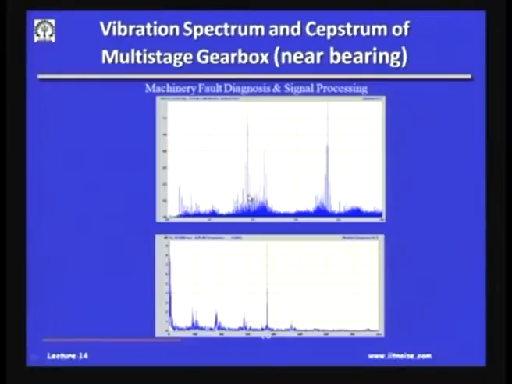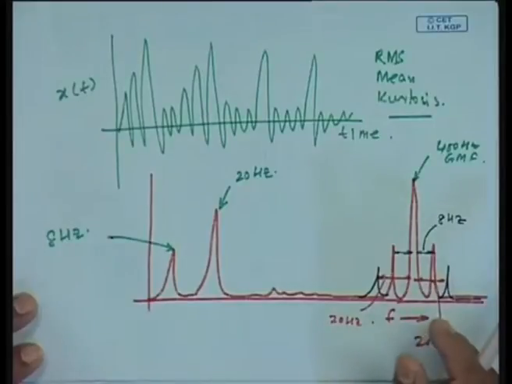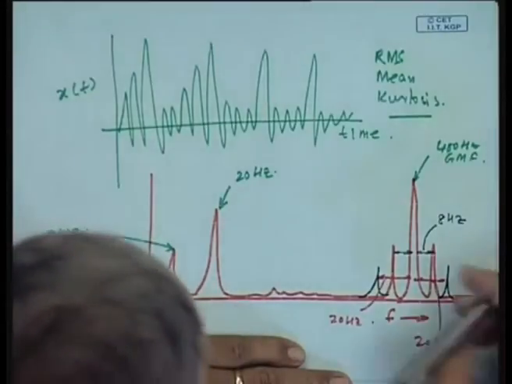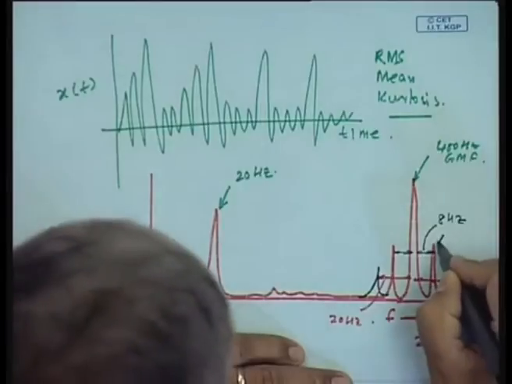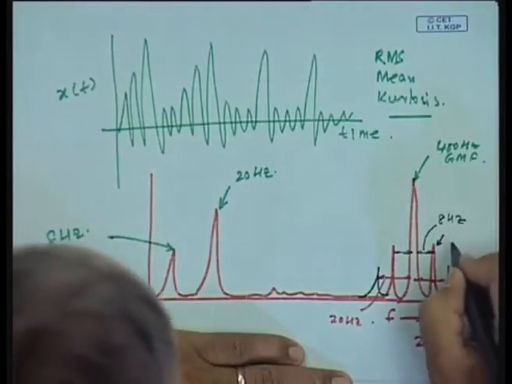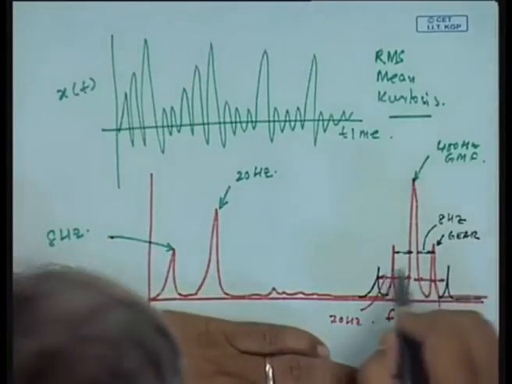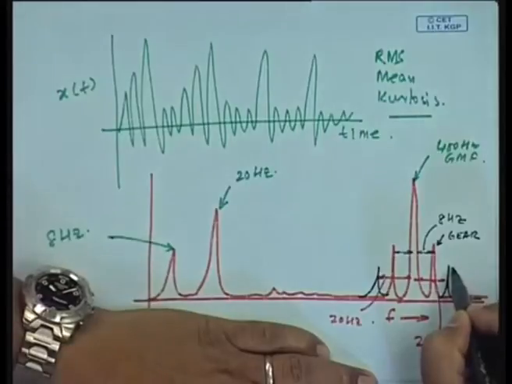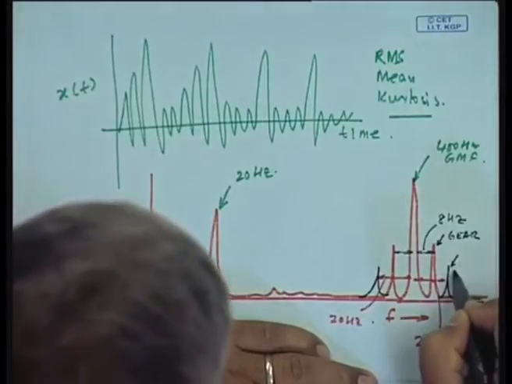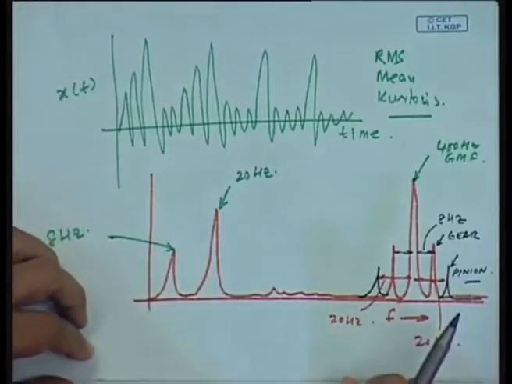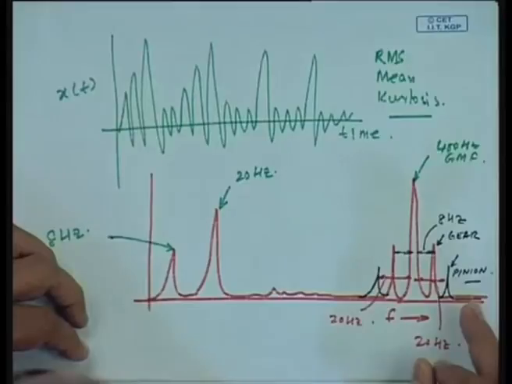So, the power of the cepstrum is to identify which sideband is more strongly predominant. For example, in this gearbox, if a sideband occurs at 8 hertz, that means I have signal coming from my gear. If my sideband occurs at 20 hertz, I know this will be from my pinion. Okay.